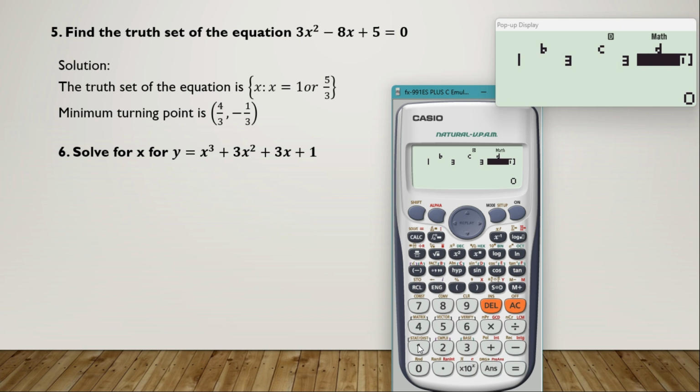Here we are expecting to get 3 answers. So we have only one answer, which is negative 1. It means that we have 3 equal roots, which is negative 1. So x value is negative 1 for the whole function. Alright, so your answer here is negative 1.